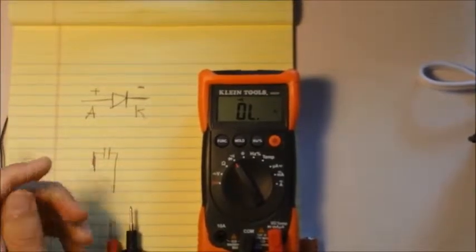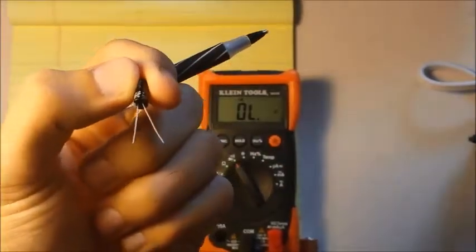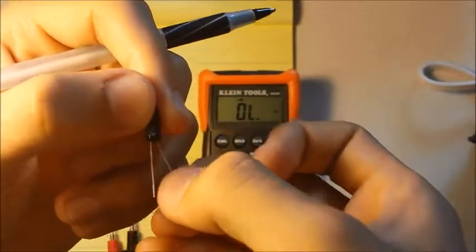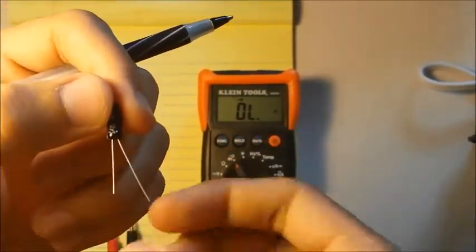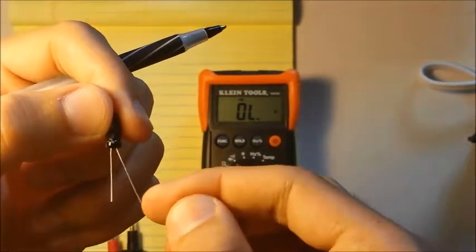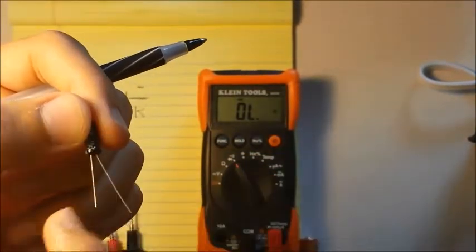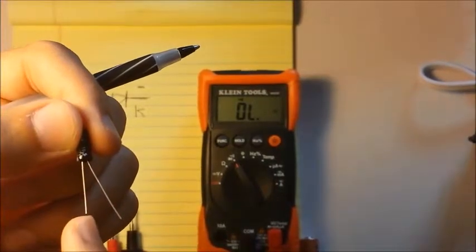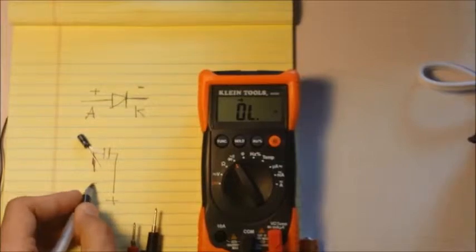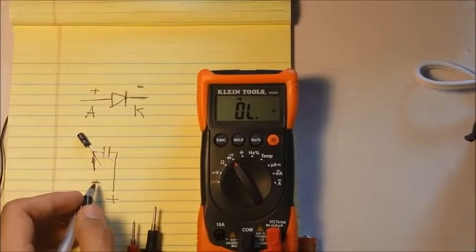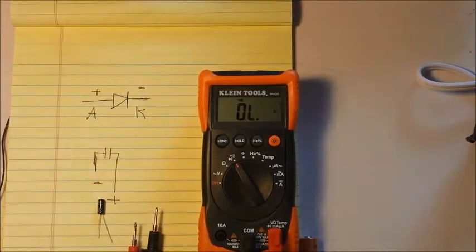We can see over here that one terminal is longer than the other. This means the longer terminal is the positive and the other is the negative, like this.